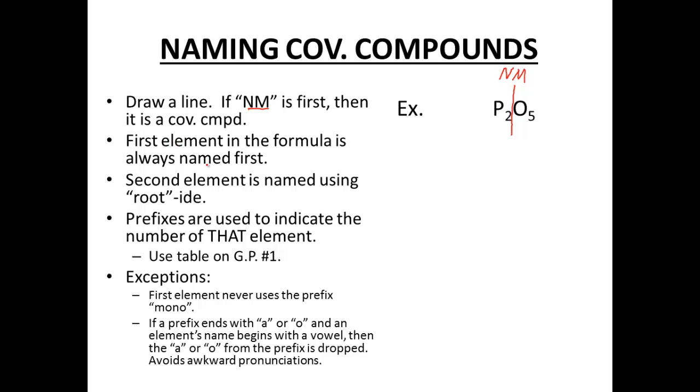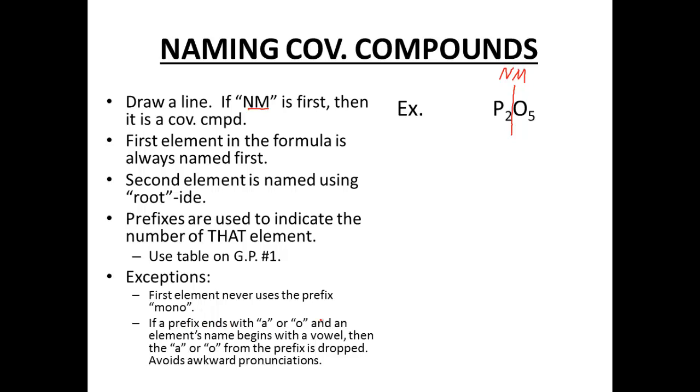The first element of the formula is always named first. For the second element, drop the end and add IDE, or use the root and add IDE to it. For prefixes, which indicate the number of that element, use our gold packet. Exceptions: the first element never uses the prefix mono. So if it's a single, we don't use mono.